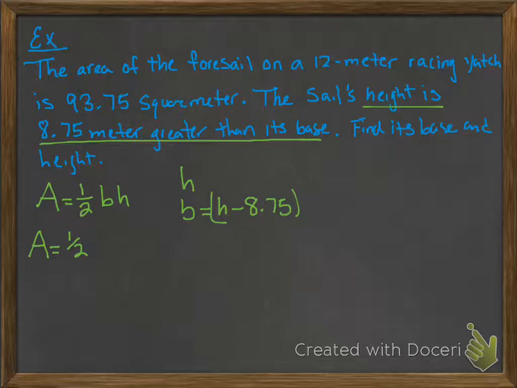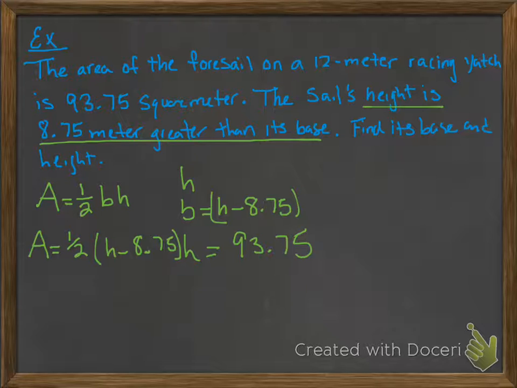Alright, so now I just plug and chug in all my pieces. So h minus 8.75 times h again. And now I'm going to distribute, is equal to 93.75, because that's what we know the area is equal to.